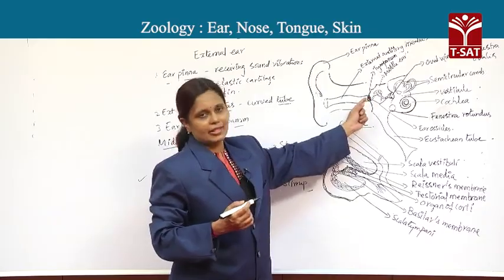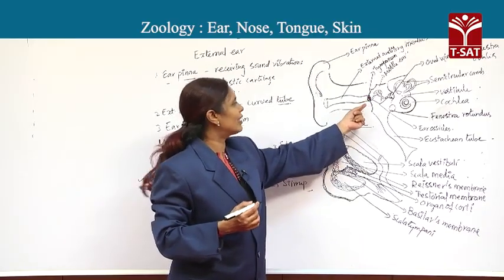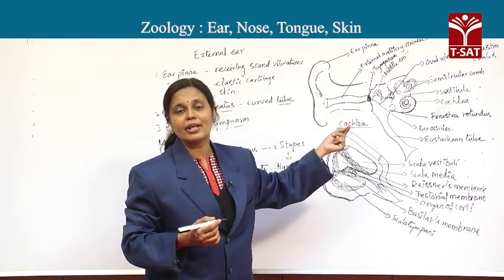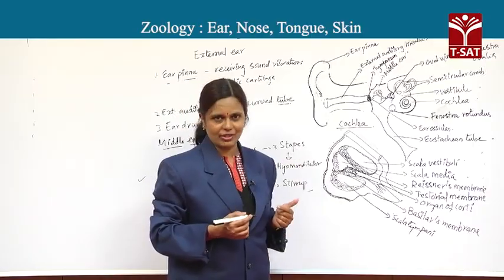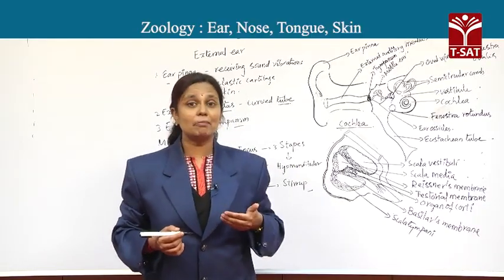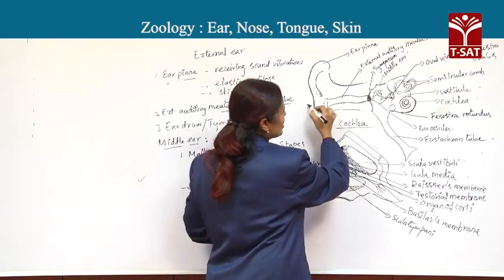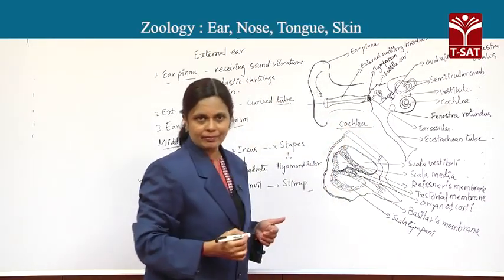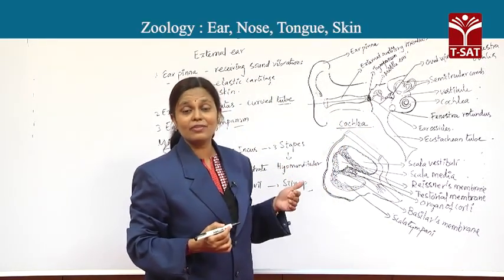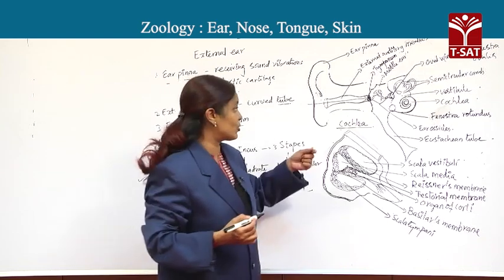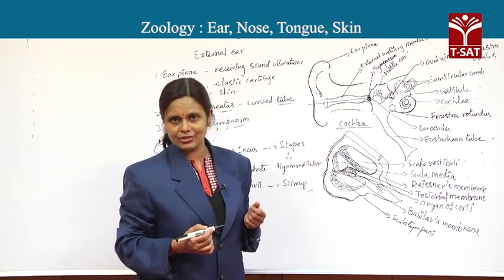It is to maintain the integrity of the tympanum, protection of the tympanum, otherwise we say. We already discussed that the tympanum is a very delicate membrane and it is receiving sound vibrations from outside. So, there are chances of rupture of this tympanum in case of high vibrations.